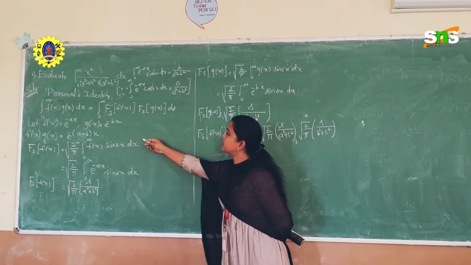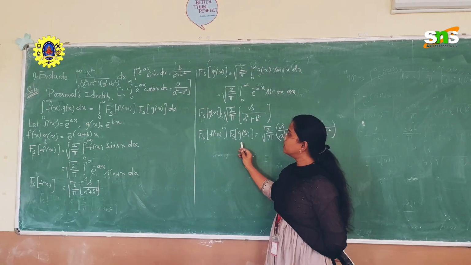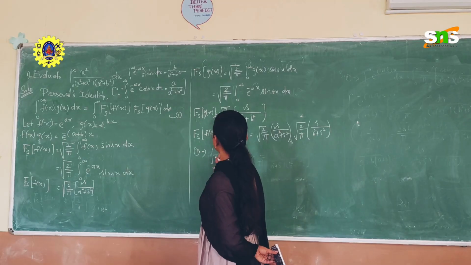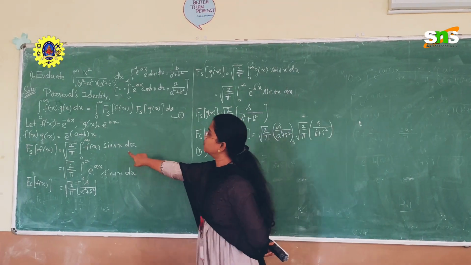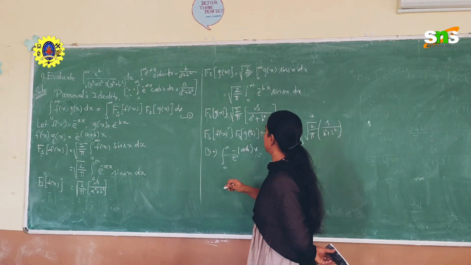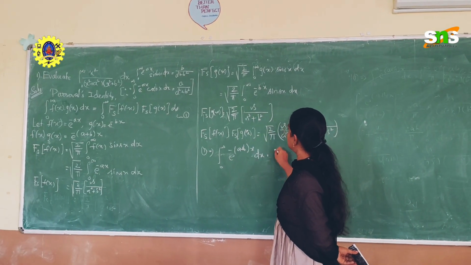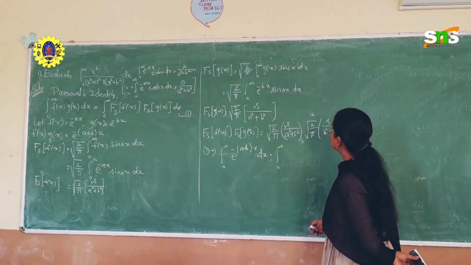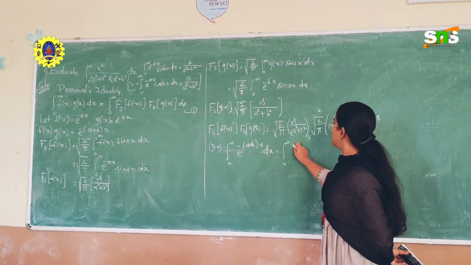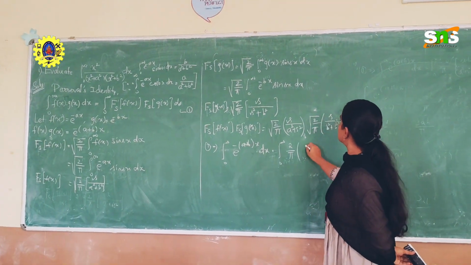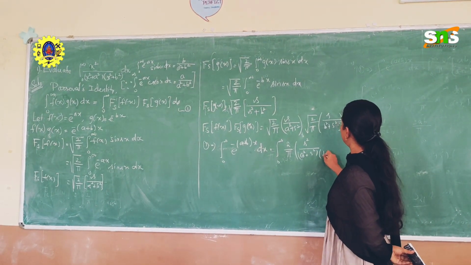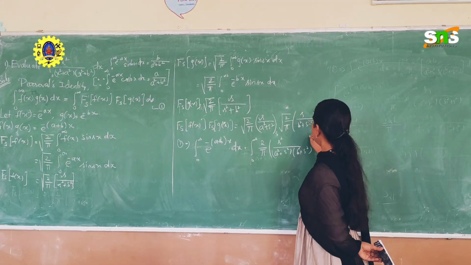So now we have to substitute f of x into g of x value and this value in equation number 1. So from first equation, integral 0 to infinity f of x g of x value will be e power minus a plus b times of x dx, which is equal to integral 0 to infinity. So now we can multiply root 2 by pi into root 2 by pi as 2 divided by pi. So this is s square divided by a square plus s square into b square plus s square, right?